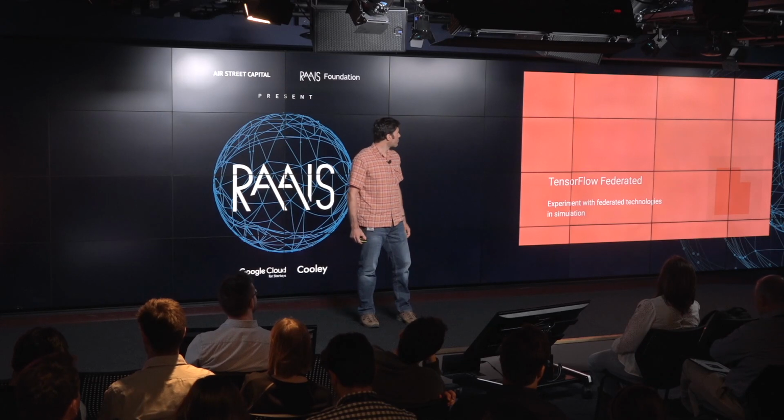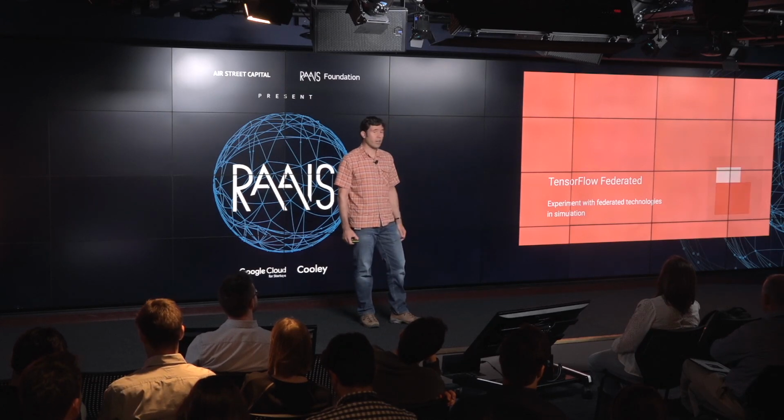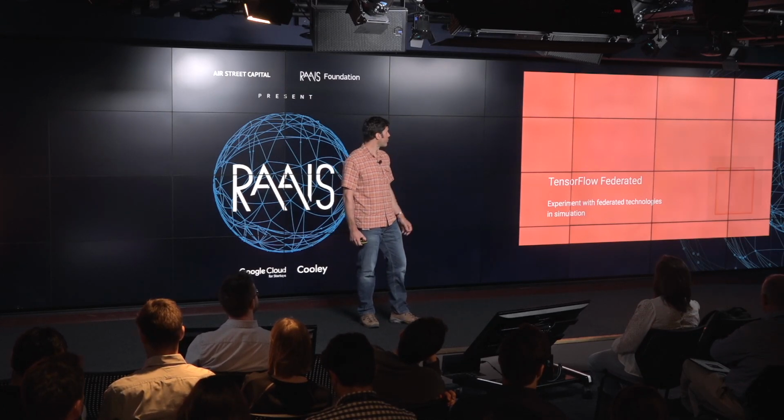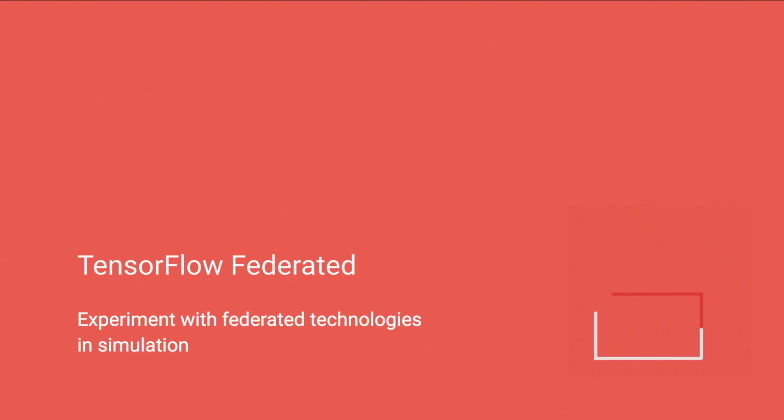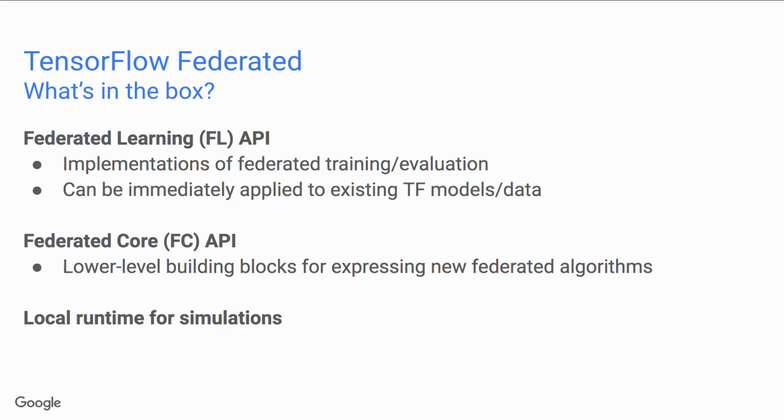One of the other steps we've taken to making federated learning more accessible outside of Google was with the open source project TensorFlow Federated, which we released earlier this year. This is an open project on GitHub. We're encouraging contributions. And it provides a couple of different things. At a high level, there's a federated learning API that has complete implementations of standard federated learning algorithms like federated averaging and federated evaluation.